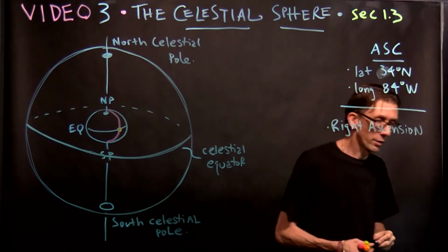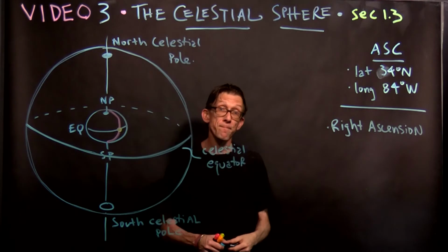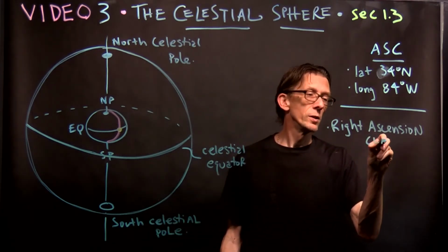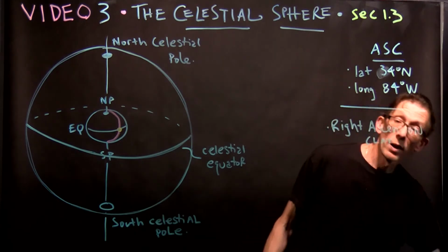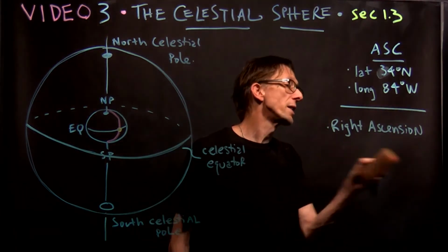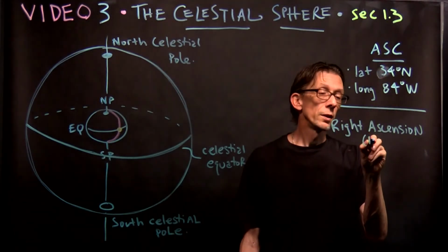See if I got that into the, yes, it fits in the video. Right ascension, that's kind of like latitude. I'm sorry, right ascension is sort of the equivalent of longitude. It's the same concept, just with different names. Right ascension, it's like longitude.